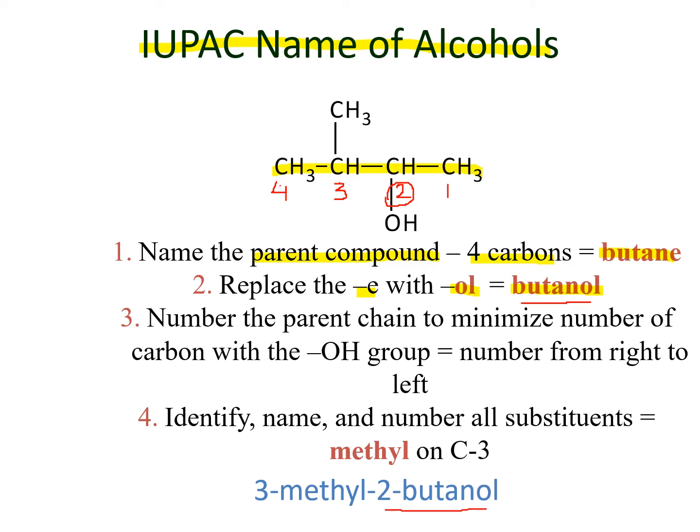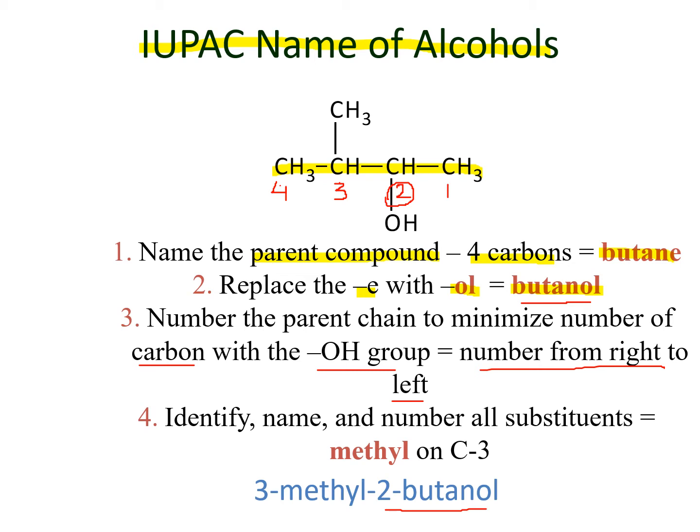So number the parent chain to minimize the number of the carbon with the OH. In simplest words, we have to start from the end that gives the carbon attached to the hydroxyl the lower number. Applying this rule, we number from right to left, as we have done here: 1, 2, 3, 4.